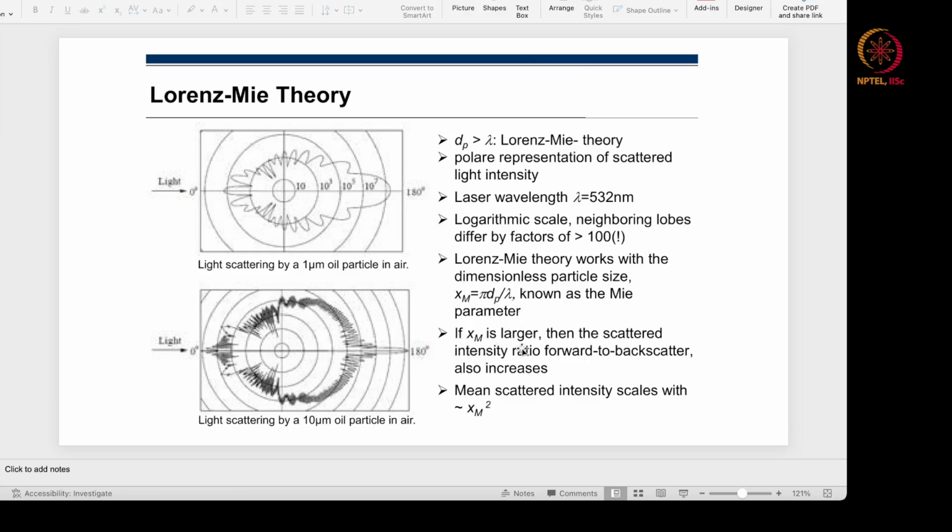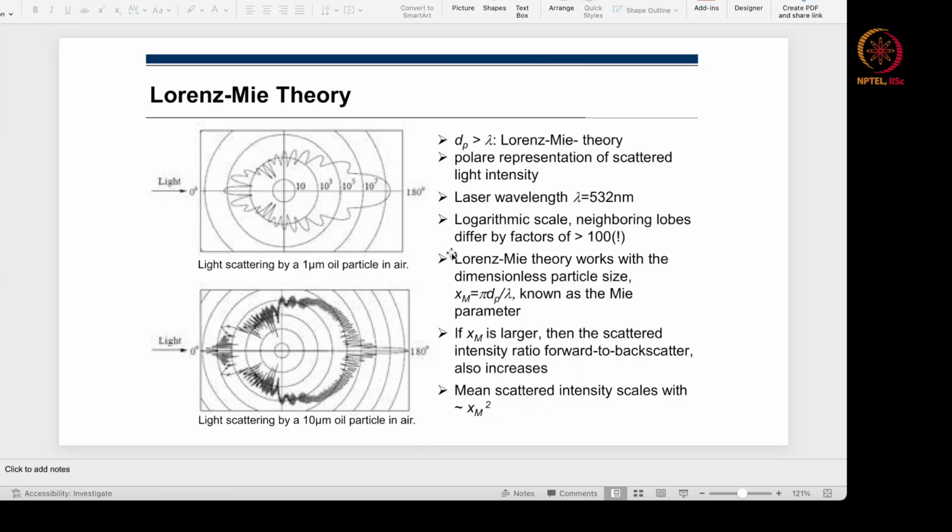Now, if xm is large, then the scattered intensity ratio forward to back scatter also increases, as you can see. And the mean scattered intensity scales with xm squared. As you can see over here, this is the light scattering by a 10 micrometer oil particle.